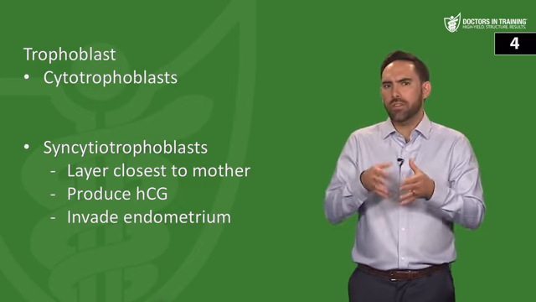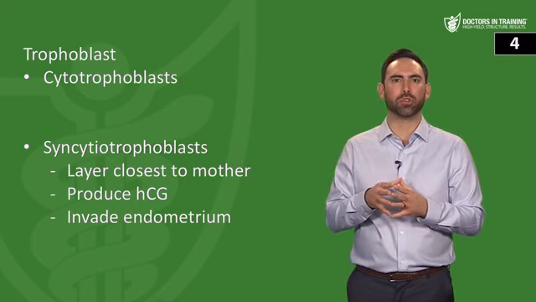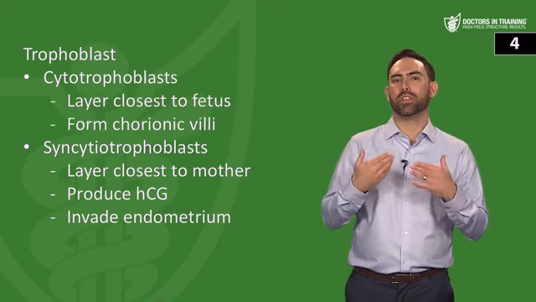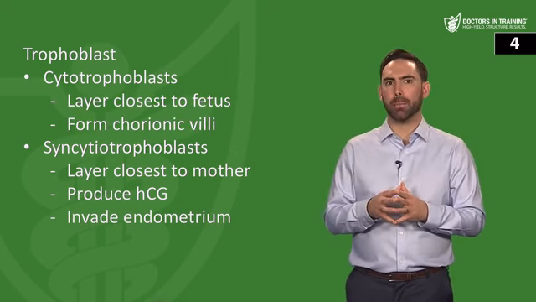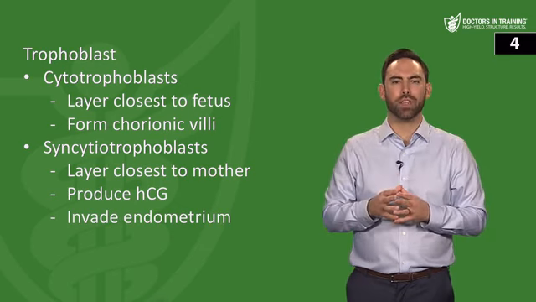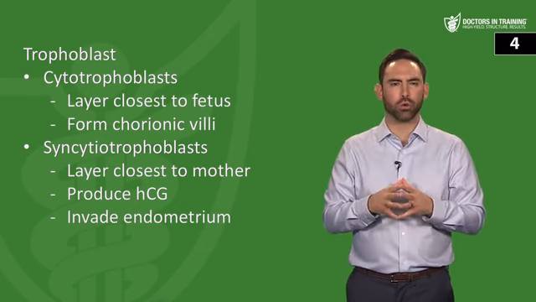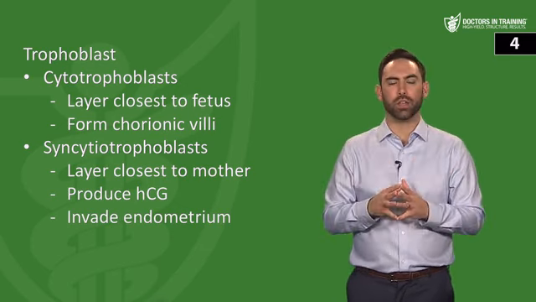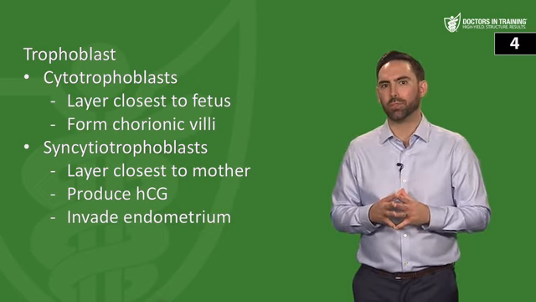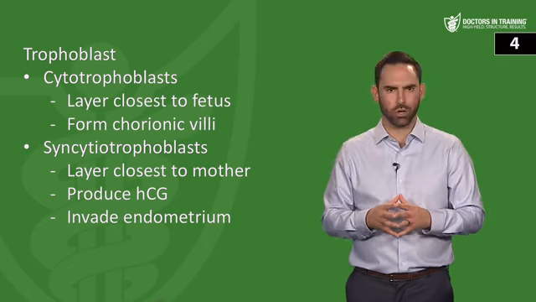And they also invade into the endometrium and create the lacunae that fill with maternal blood. And then the cytotrophoblasts, which make up the layer closest to the fetus, form the chorionic villi, the finger-like projections that grow into these pools of blood.